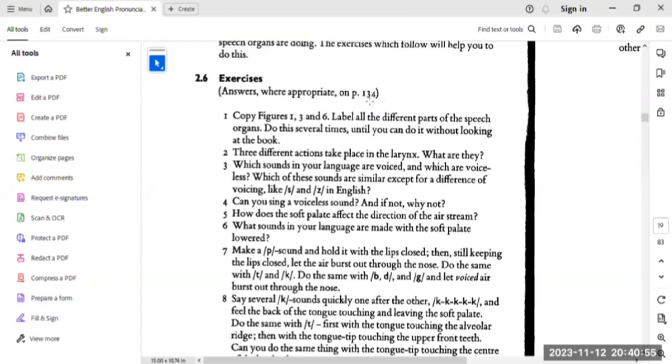Sorry. That's the throat. What did you say? Three different actions take place. Number 2, right? Yes. Like vibrations?